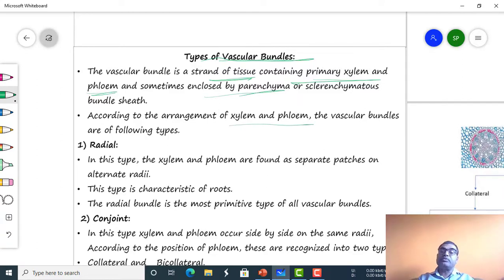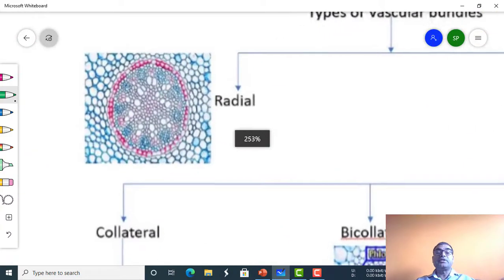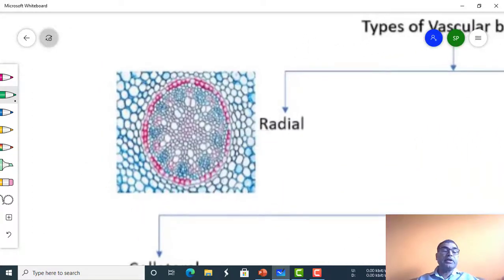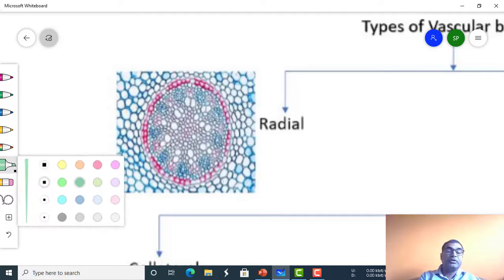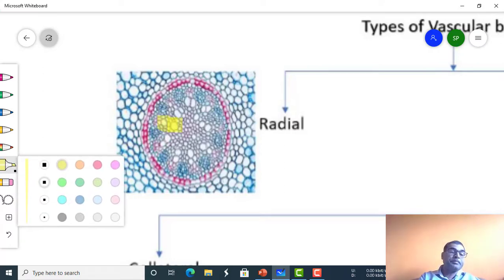According to the arrangement of xylem and phloem, vascular bundles are of three types. The first one is the radial type. If you see, this one is a radial type of bundle, and this radial type of bundle will show the arrangement. If you see, these are the vessels.